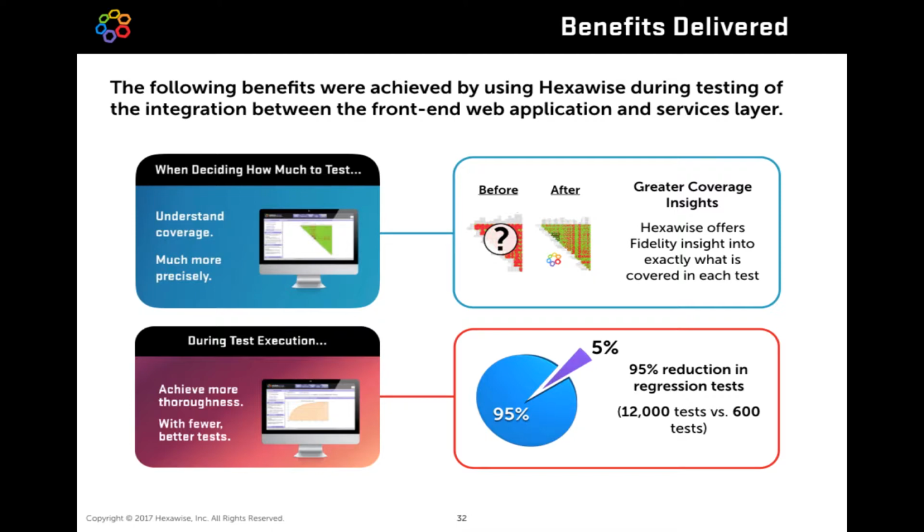Because this UI test team was using exactly the same kind of an Excel spreadsheet to look at all their parameter values as we were using at the lower services test layer, we were able to eliminate thousands and thousands and thousands of tests.